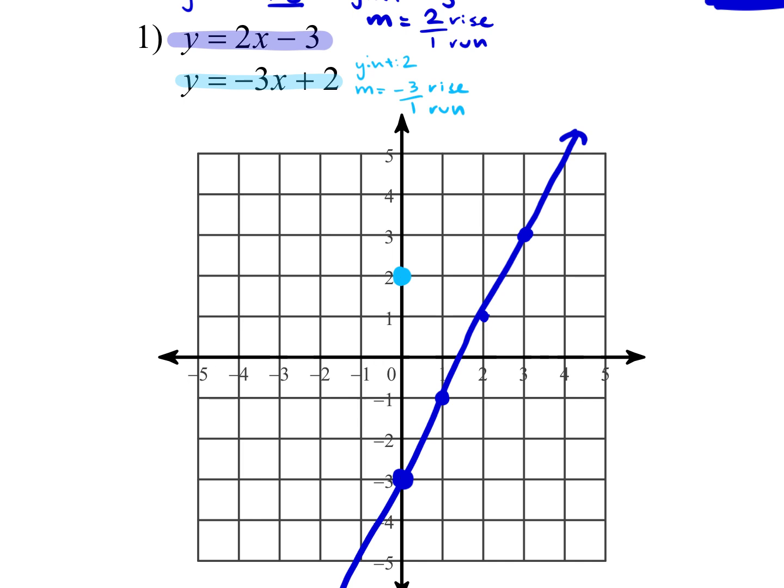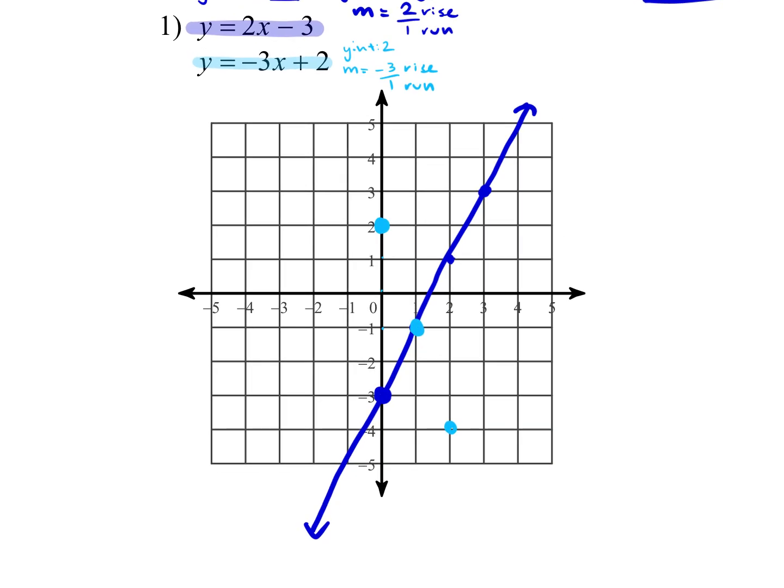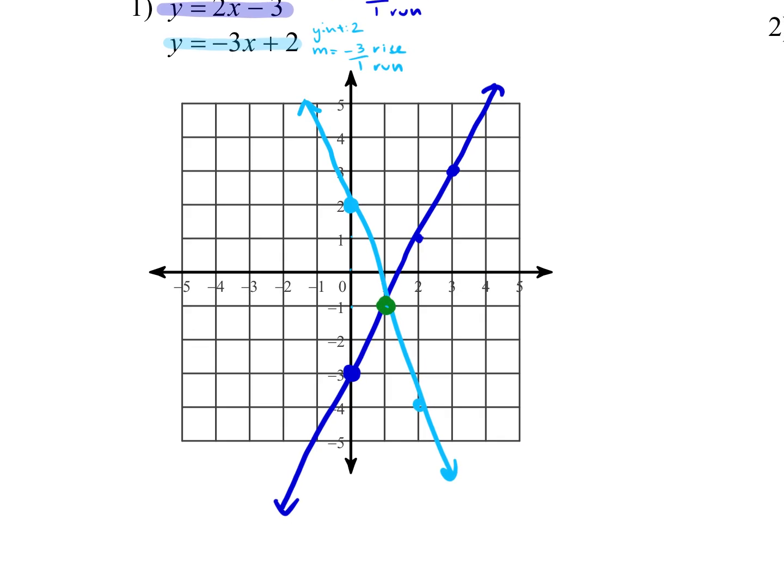Go down 3 and to the right 1, however many points you need to draw a line that's as straight as you can be, as long as you can figure out where the two lines intersect. Juan, what is the point that our two lines intersect? -1, -1. So that would be our answer.